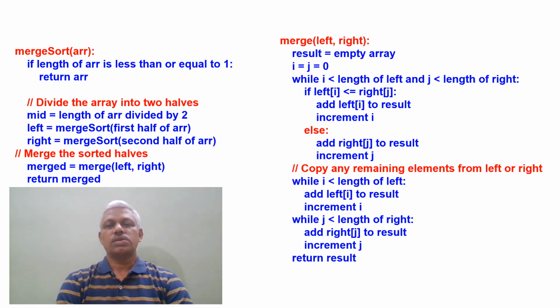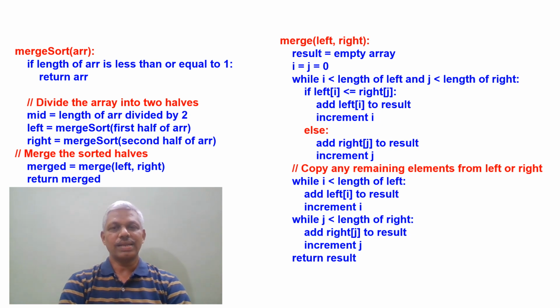These indices are used to compare the subarrays, while i is less than the length of the left subarray and j is less than the length of the right subarray. Both are compared every time.